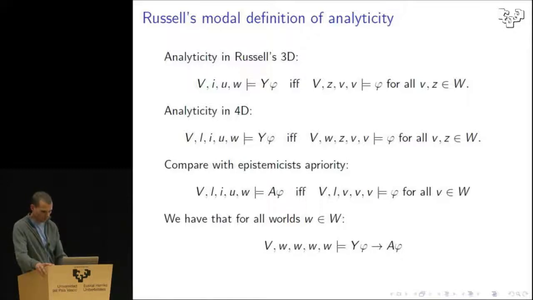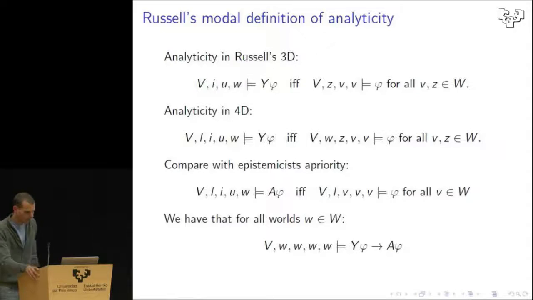But then there's one special thing which I do: you have a linguistic context, and I let the analyticity modality change the linguistic context to the actual world. This might seem a bit strange, but I have an example on the next slide which justifies this. But don't worry about this for now. The important thing is that in the last three dimensions, it's basically the same as what Russell does in her system.